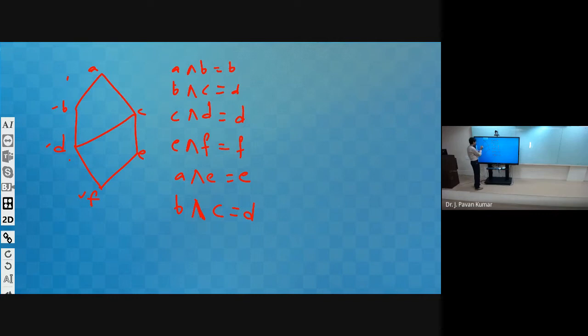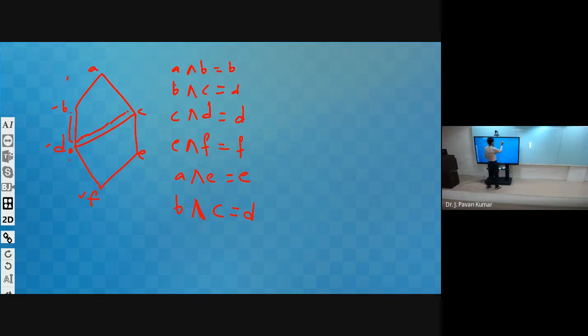Or by seeing the diagram itself, we can understand. Here B is there and C is there. Where are these two first meeting? At D. So this will be the greatest lower bound. Like that we can consider.